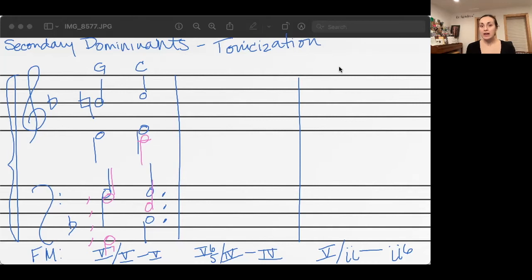We could have our secondary chord in inversion, okay? What I've done in the second example is give us a 5 of 4. Now, if you think about this, our 4 is actually B flat, right?